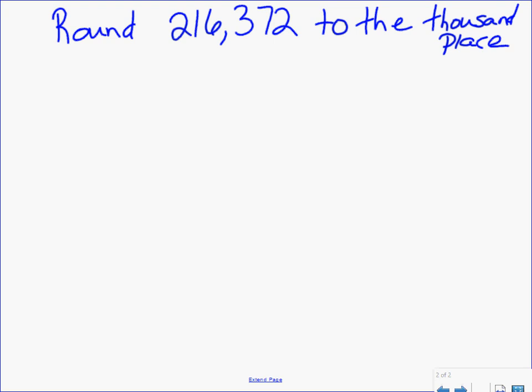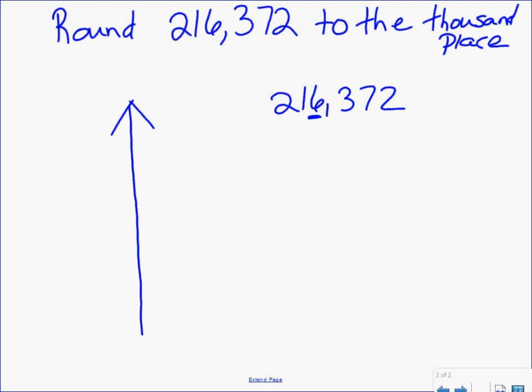So again, I'm going to look at that number, 216,372. I'm going to draw a line underneath that 6 in the thousands place to remind myself that that's where we're rounding to. Then I'm going to draw my vertical number line, and my 3 lines.